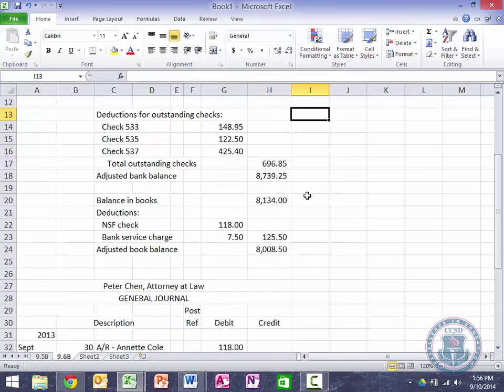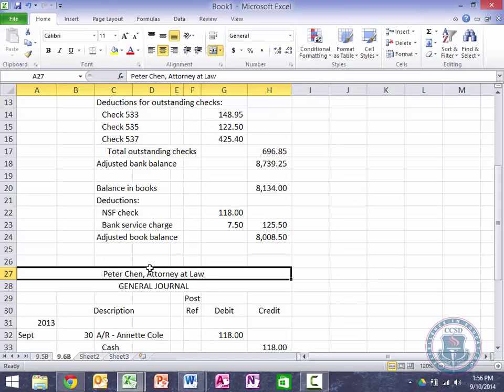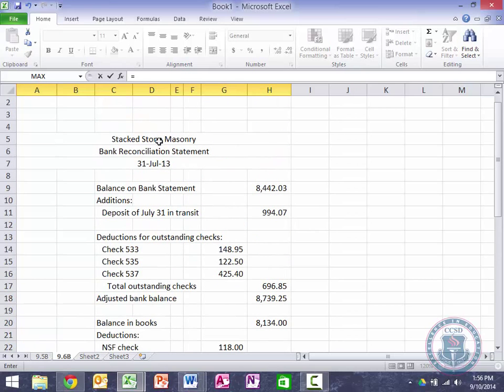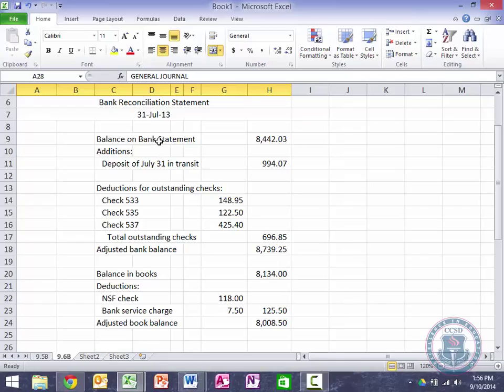Now we need to adjust the books. I left it up there. You want me to zoom in a little bit? No, you're good. Well, Mr. Tuck's looking at that. I'm going to come down to this and I'm going to say it equals what? Stone masonry. Boom. I like doing that. I should have done that before.